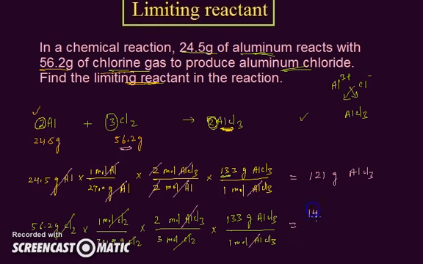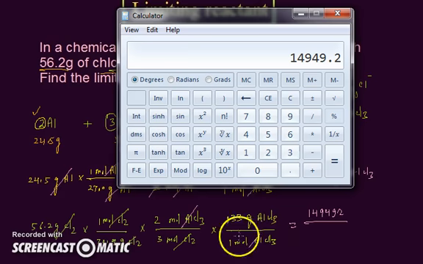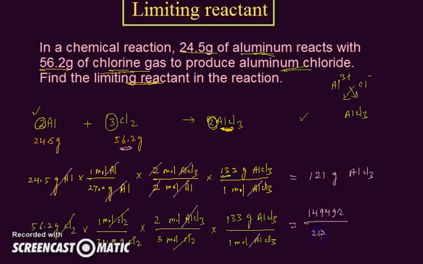I mentioned here 14,949.2, and in the bottom we have 70.9 multiplied by 3. The value we get is 212.7. Here we have 212.7. We divide these numbers.